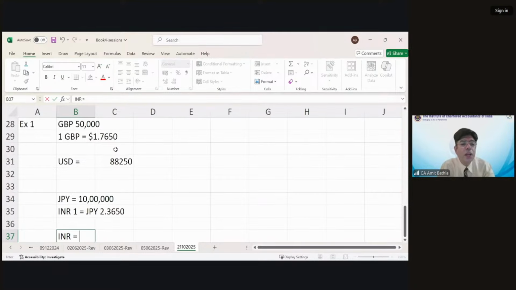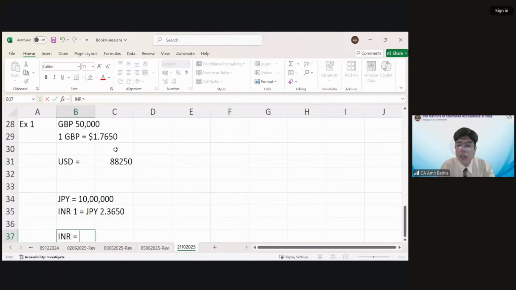So you can do a simple calculation over here, right? If you do even cross multiplication, you would come to know it is 10 lakhs into 1 divided by 2.3650, because here we will have to divide.